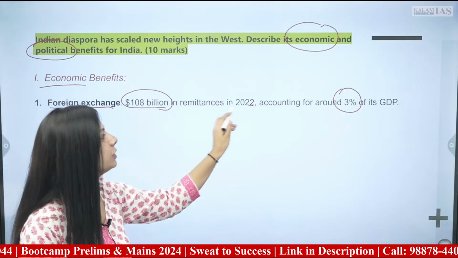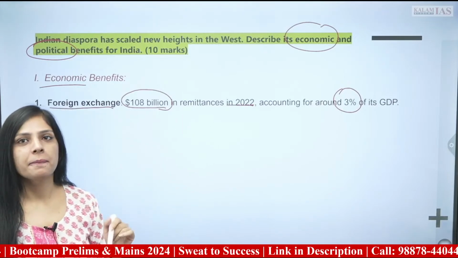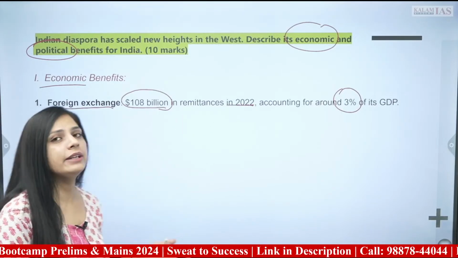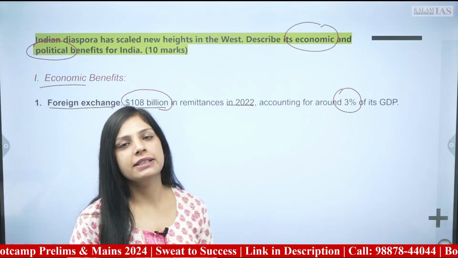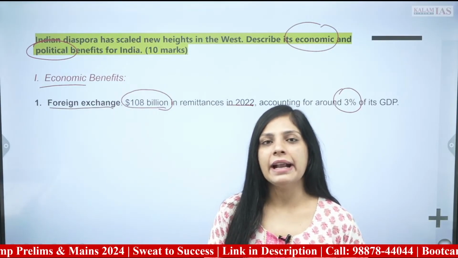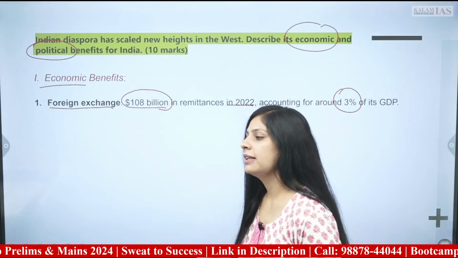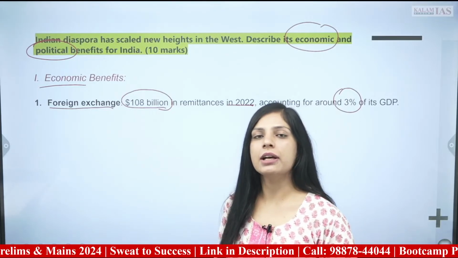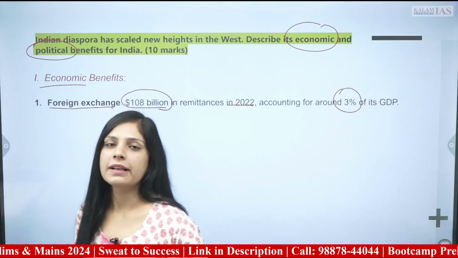So you have given 2-3 facts in this statement, right? It becomes an important point that remittances are economically benefiting the country to a large extent, and India is the highest recipient of remittances across the world, right?